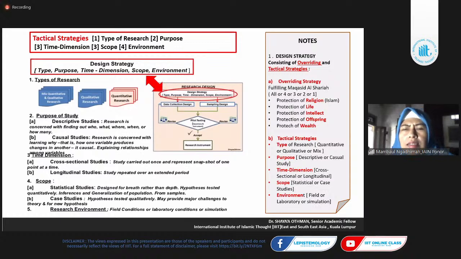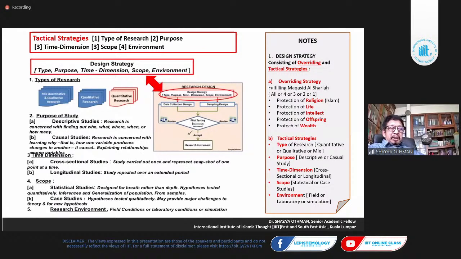How about operating strategy and tactical strategy? Must we take all the sub-points of this operating strategy, or can we focus on just one or two in operating strategy? Thank you.